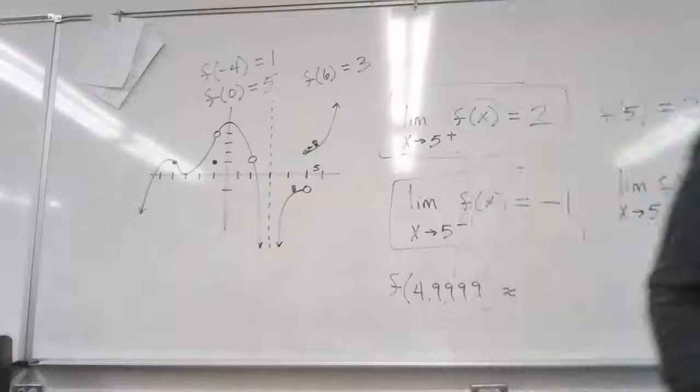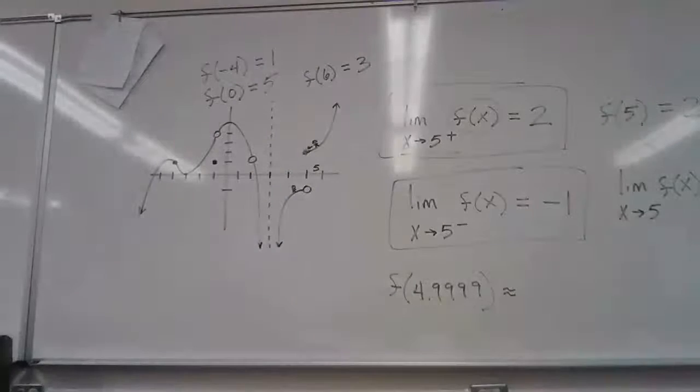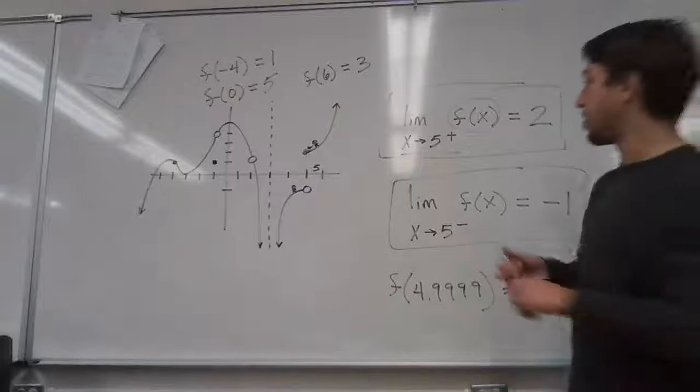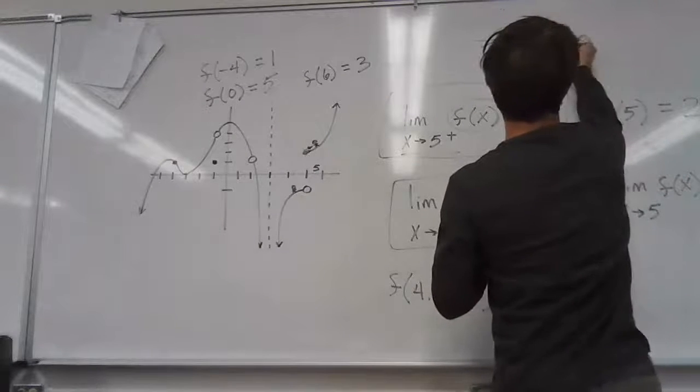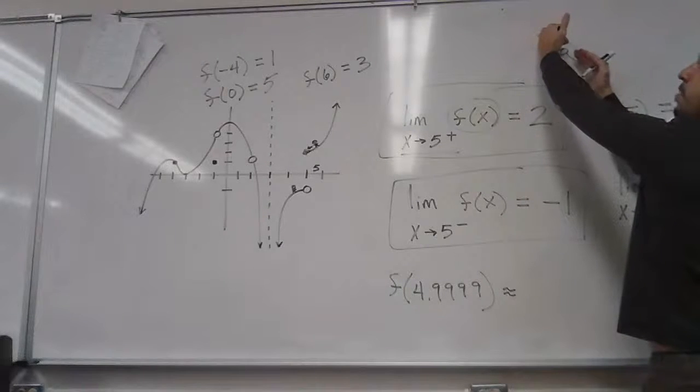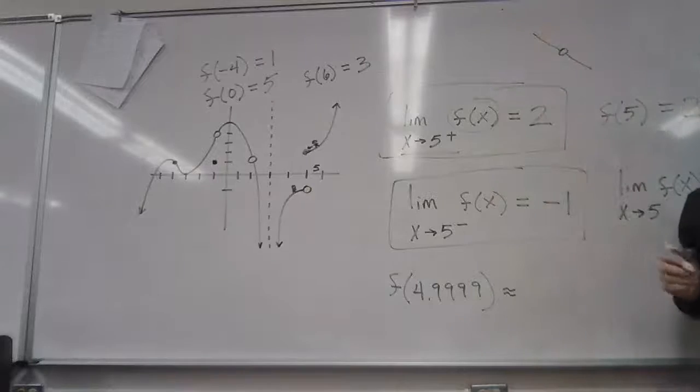I thought you said 2 was undefined. Don't worry, we'll get there. When I say the limit exists, if your function does this, see that? If you're approaching the same value from both sides, the limit exists.